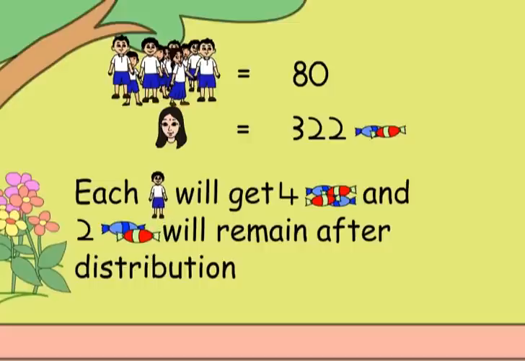Each child will get 4 toffees and 2 toffees will remain after distribution.